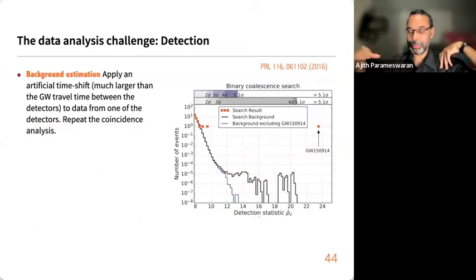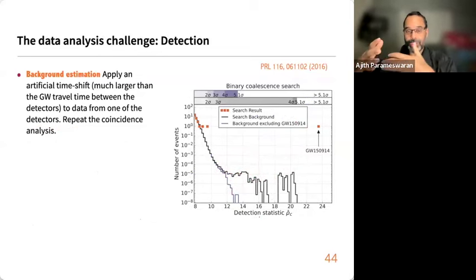So we are coming back to the question of how do you get a threshold on whatever statistic we are using, so that we can associate a confidence with a given detection. It's a very common problem in any signal detection. For example, if you have a photon detector like a telescope, you also have a probability that even in the absence of any photons hitting the CCD camera, you will have some dark photons.